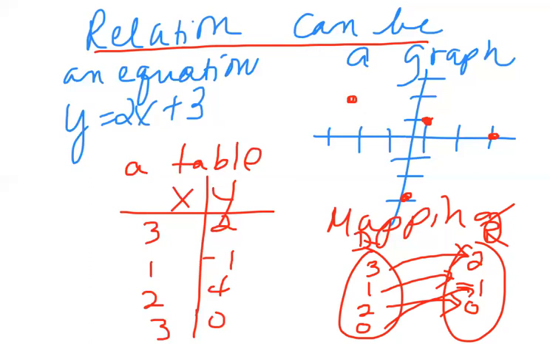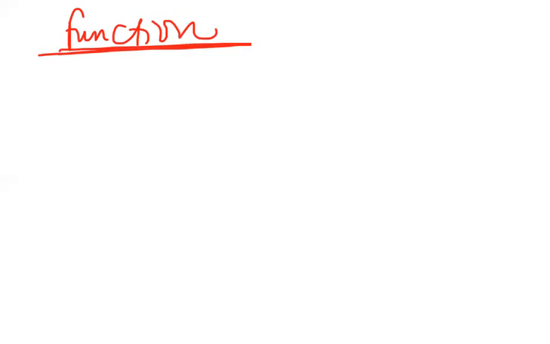Now, moving along, guys, here's a big definition, big vocab word, and we're going to be using this consistently. So try to be comfortable with this, okay? A function is a relation, okay? Remember, we just talked about a relation: a set of points, a graph, an equation, a mapping, a table.